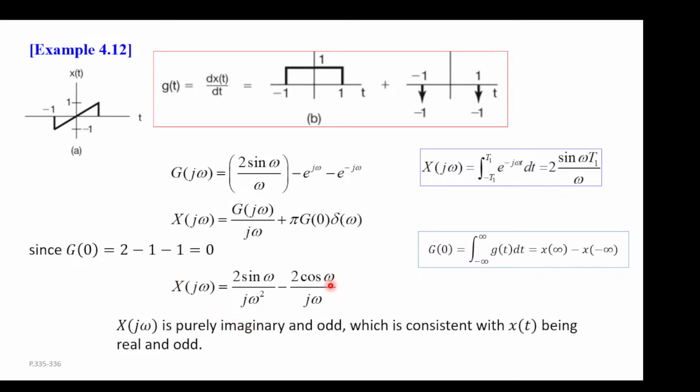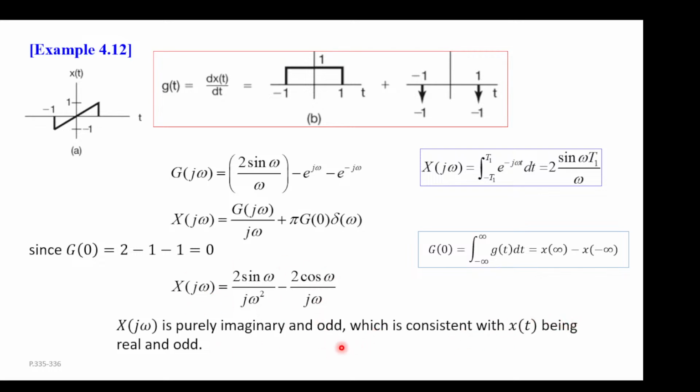This thing is purely imaginary, because both terms are divided by j. And this is sine omega divided by omega squared. Omega squared is even, and sine omega is odd, so this is an odd thing. And cosine omega is even, divided by an odd function, so this is also odd. So this is purely imaginary and odd.